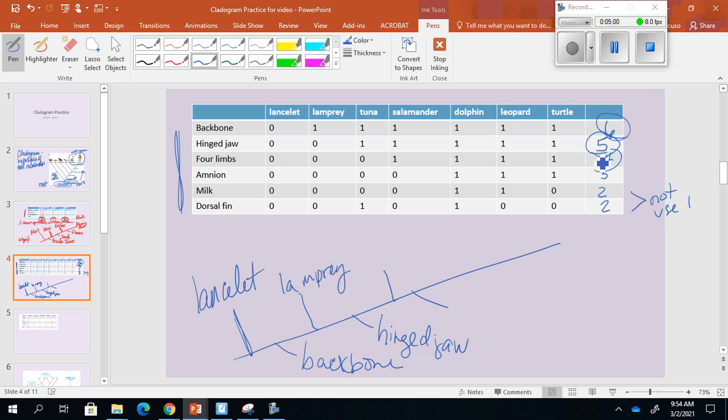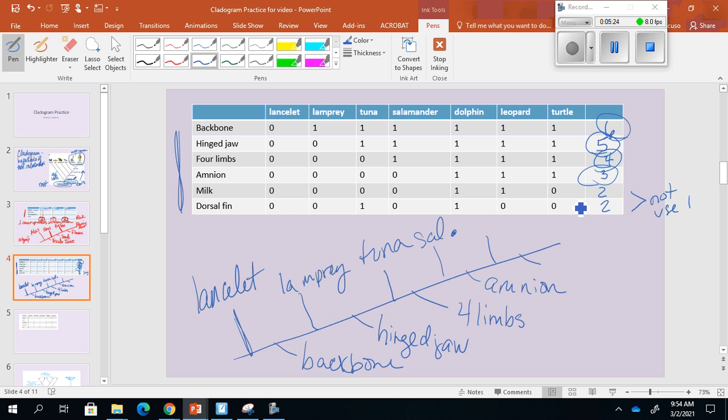And then 4 limbs. So tuna does not have 4 limbs, so that would go there. And then the next characteristic 3 of them have is an amnion. And the one that did not have an amnion was a salamander.